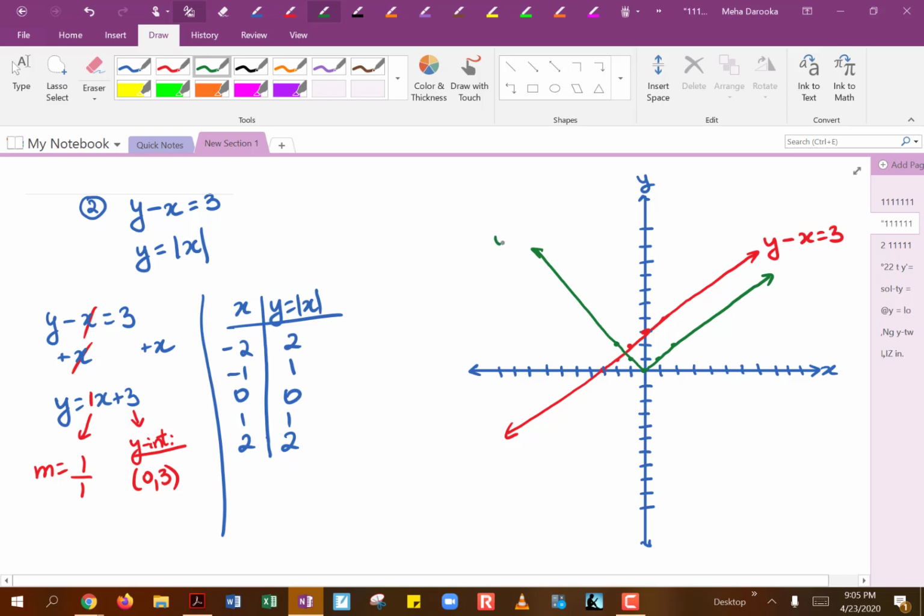And this is going to be our y equals absolute value of x. So you will notice that these two graphs are intersecting right here. Now, I don't know if you are able to recognize that point or not, but that's going to be halfway between -1 and -2 on the x-axis, and halfway between +1 and +2 on the y-axis.